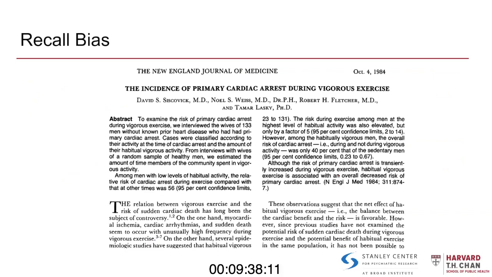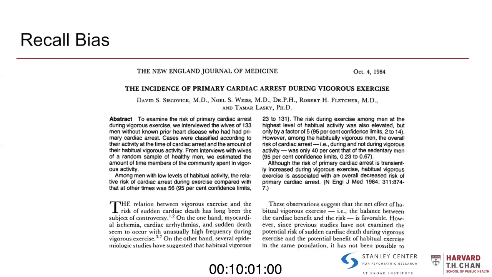This is an example, a case control study of vigorous exercise as a risk factor for cardiac arrest that was conducted in 1984 by David Siscovick and his colleagues, where they were comparing information trying to understand the risk of cardiac arrest.